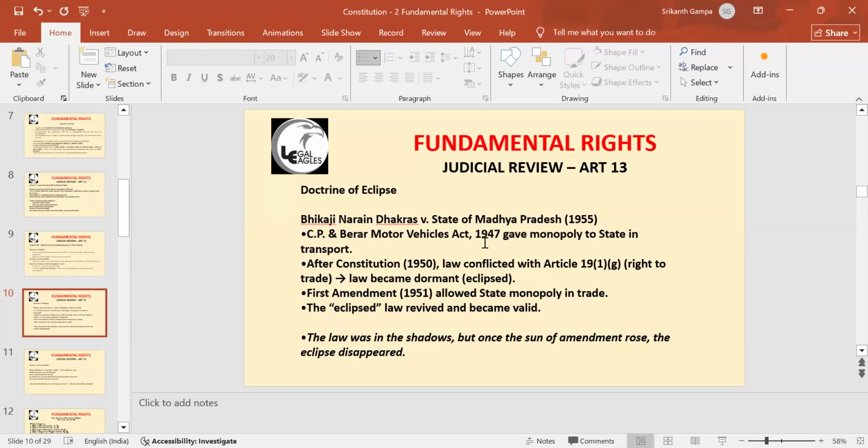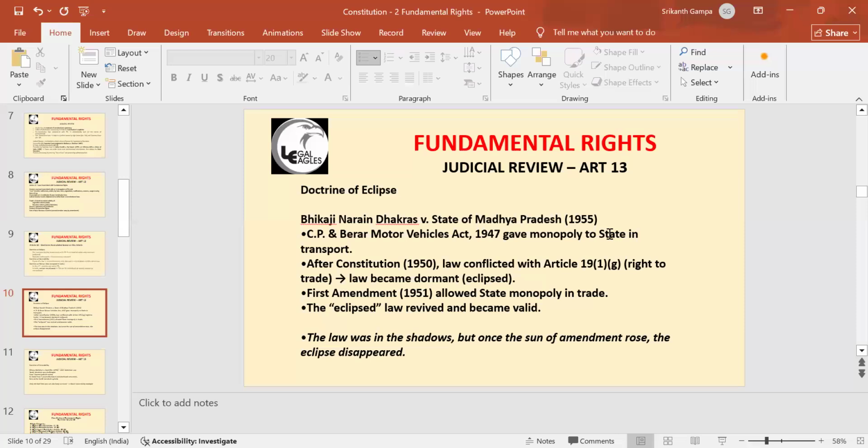It is not active till the eclipse is removed. How is that eclipse removed? Some amendment is done to that particular act, so that the eclipse is removed and the act becomes functional. So in Bhikaji Narayan Dhakras versus State of Madhya Pradesh, in 1947, they gave monopoly to the state in transport.